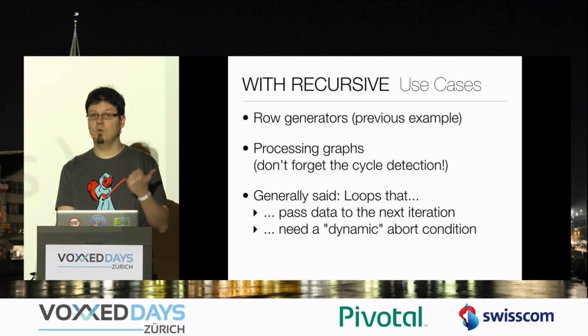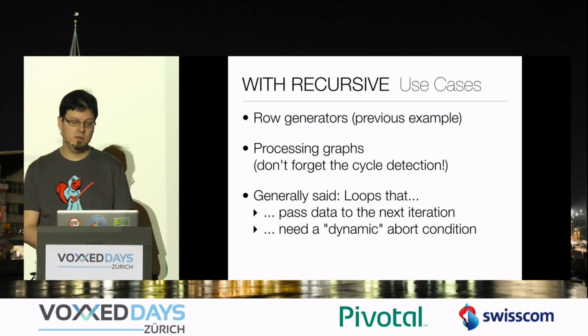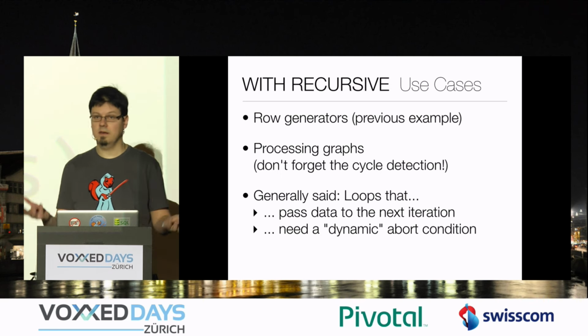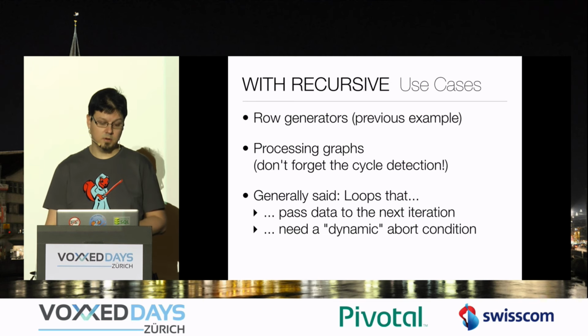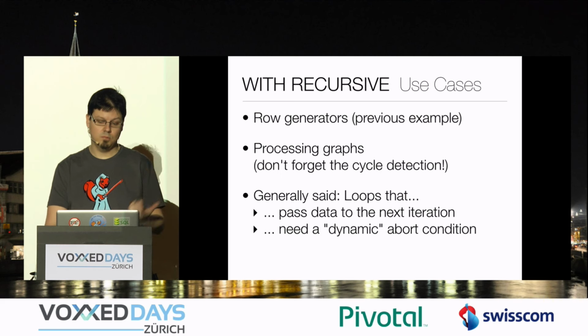Row generators are one common example of what to use it for, but the more common use case is processing graphs, in the sense of social networks and so on, like the shortest distance between two people. But to make it more general, it's really just like loops.